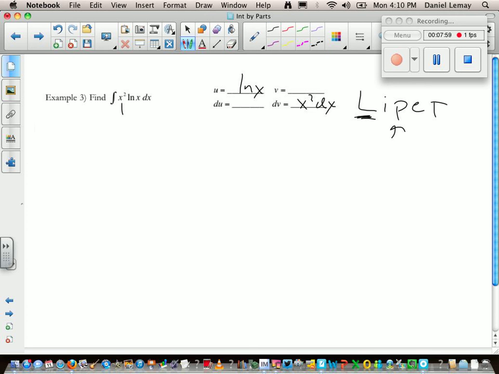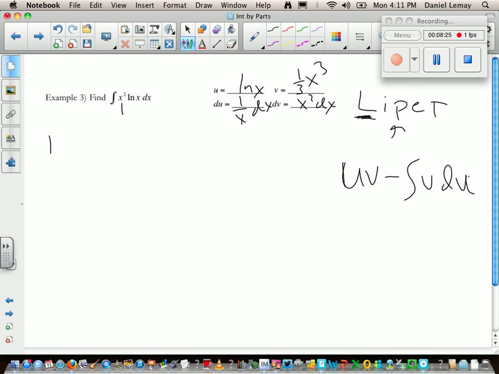Okay? So then what we do is we take the derivative. So the derivative of ln x is 1 over x dx. The antiderivative of x squared is, of course, 1/3 x cubed. And then we got to remember the integration by parts formula, u times v minus the integral of v du.